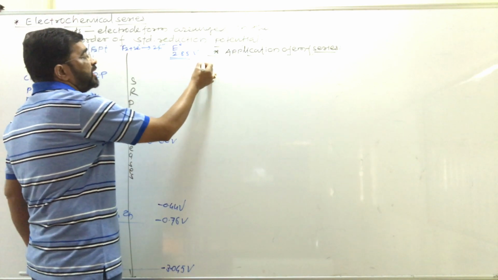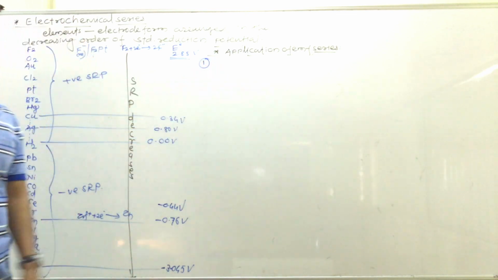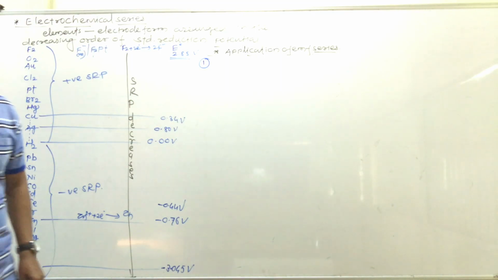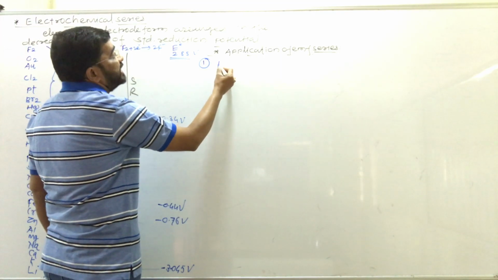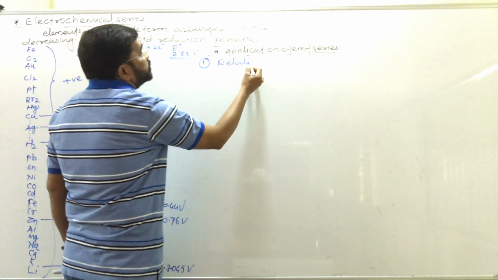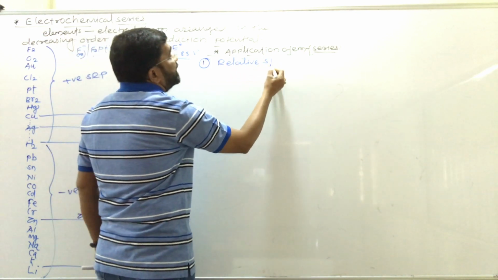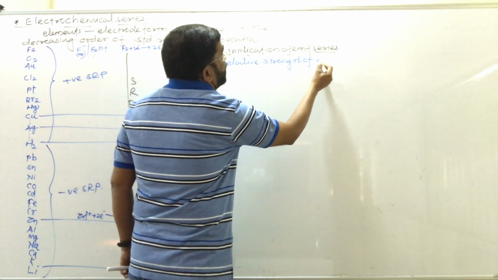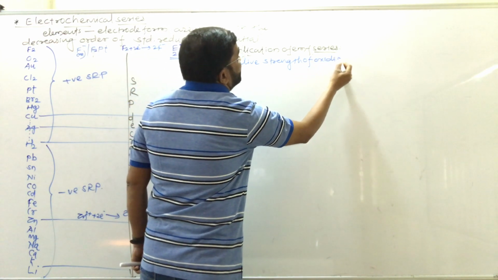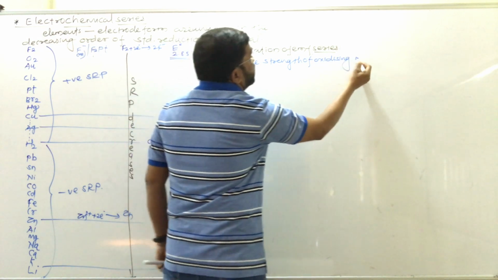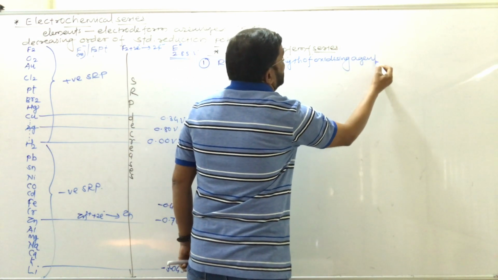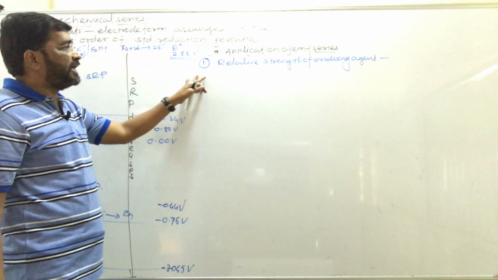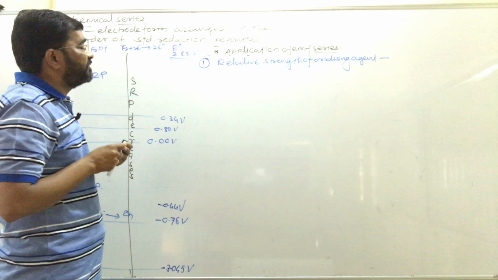First application of EMF series is to decide the relative strength of oxidizing agent. Relative strength of oxidizing agent is decided from this. So how will you decide the relative strength of oxidizing agent? That we have to study.